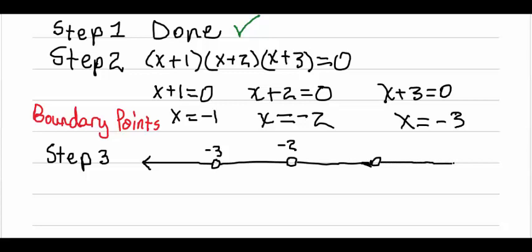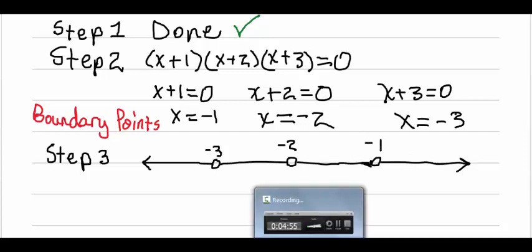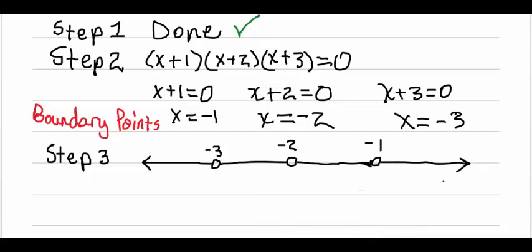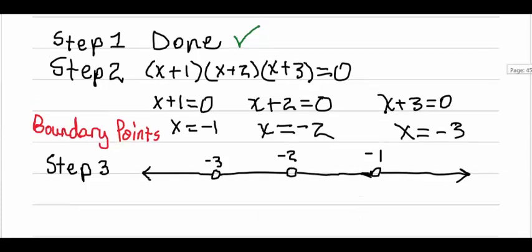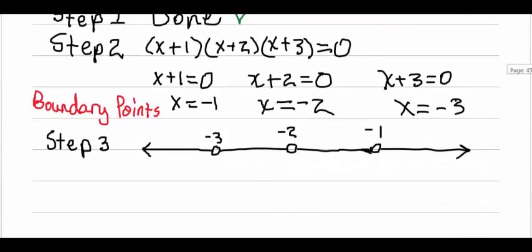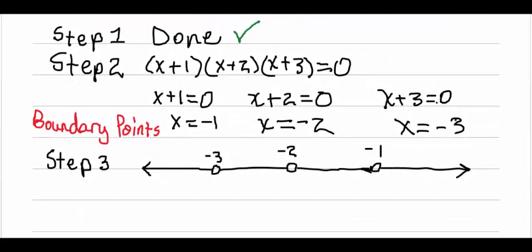Negative 1 here. Now notice I've made these open circles because when we go to this next step, we're only testing to find out what numbers that aren't boundary points will do.